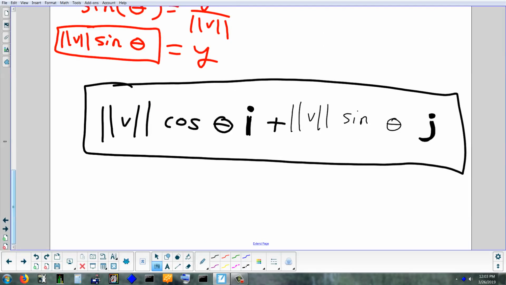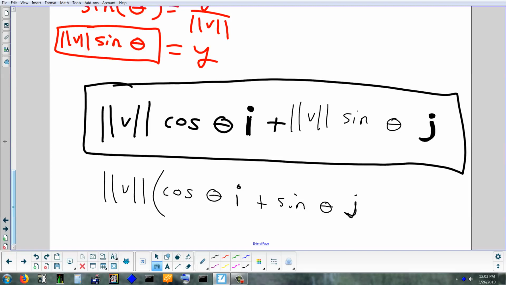What do we have in front of both trig functions? Magnitude V. So if you wanted, you can write it like this: magnitude on the outside, cosine angle i plus sine angle j. It's the same thing. You might see it either way.